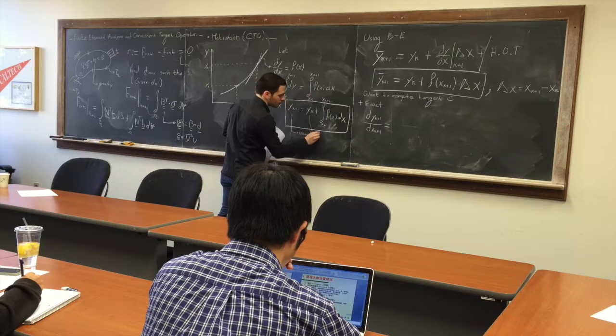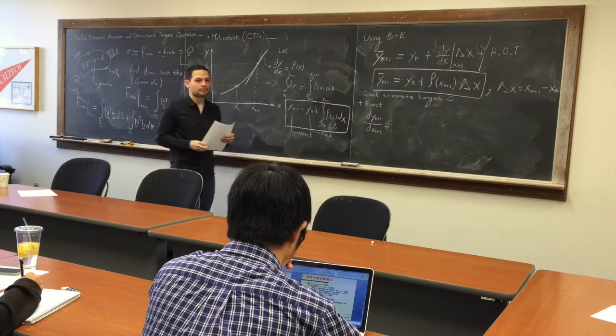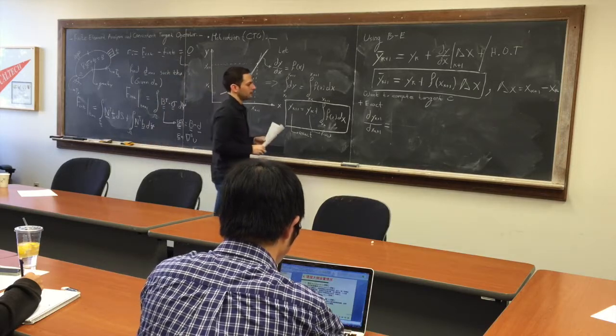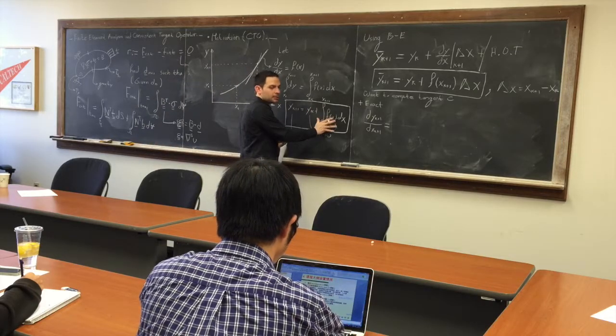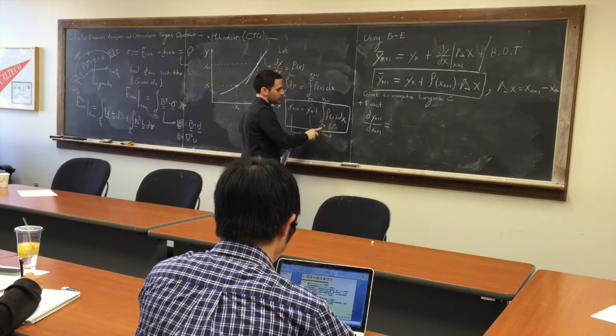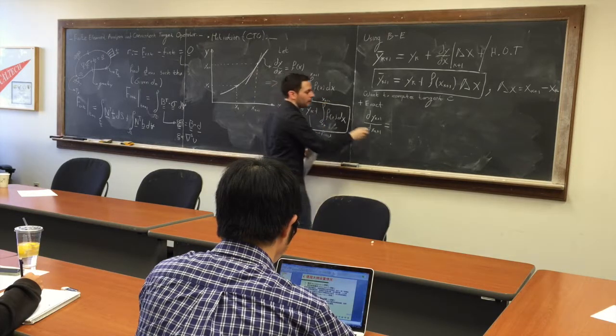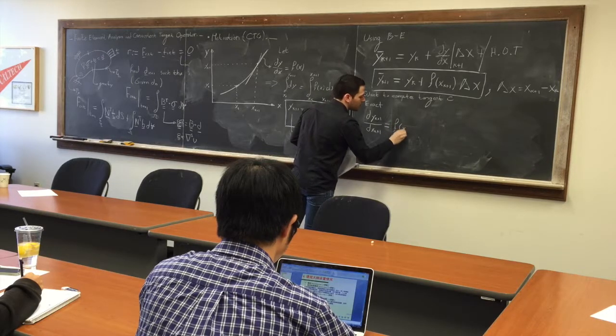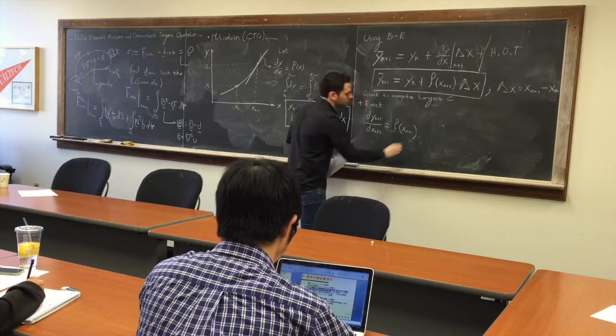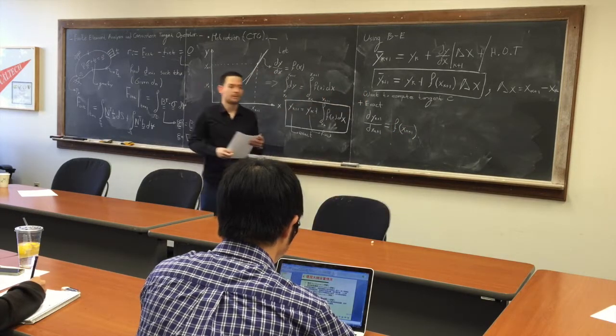This is fixed. The derivative of this integral with respect to xk plus 1, where the integral goes from xk to xk plus 1, is what? F at xk plus 1. And this is C.